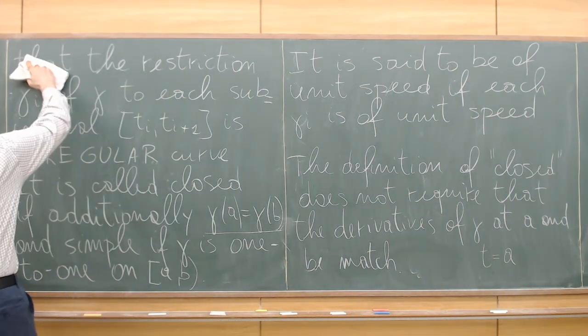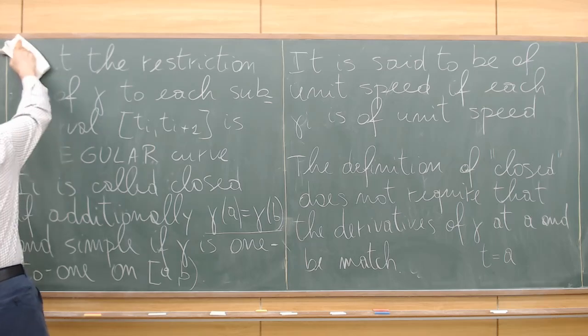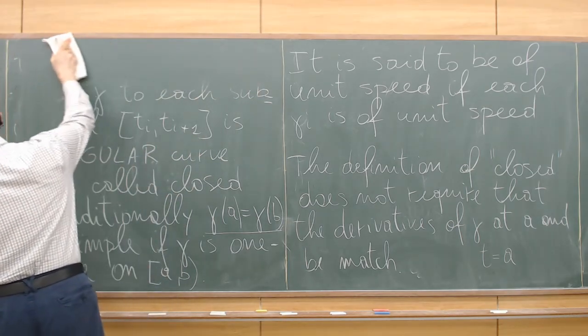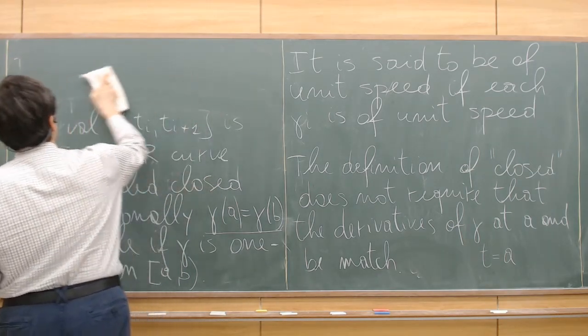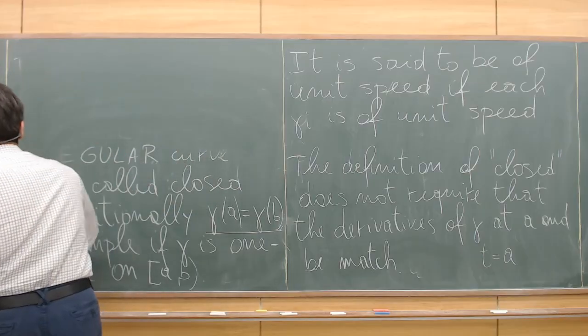The next definition I need is the definition of positively and negatively oriented curve.